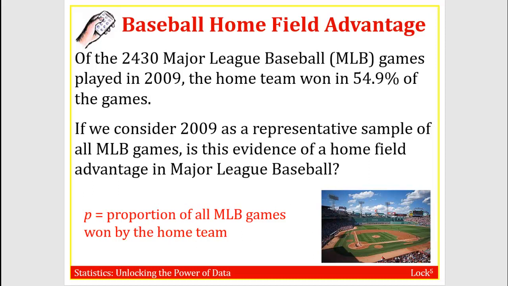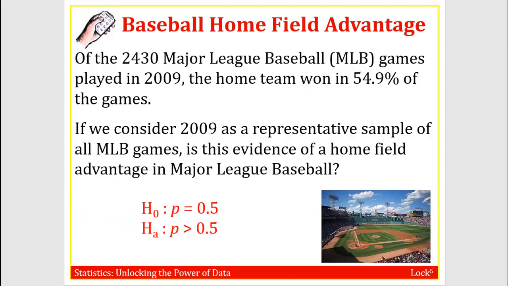Next, we're going to state our hypotheses. The hypotheses are always written in terms of the population parameter, which in this case is P. In our case, we're wanting to know if there's a home field advantage. So there would be a home field advantage if you were more likely to win on the home field, in other words, if you won on the home field more than half the time.